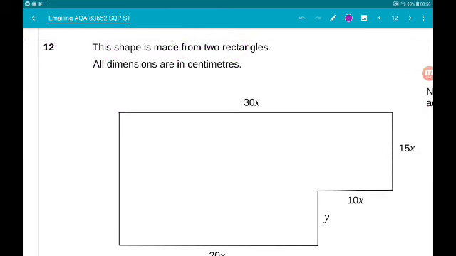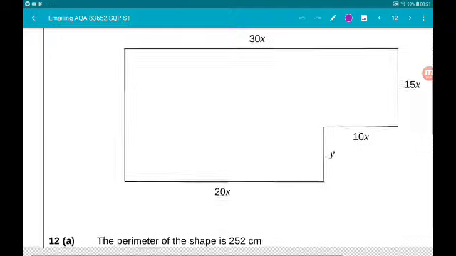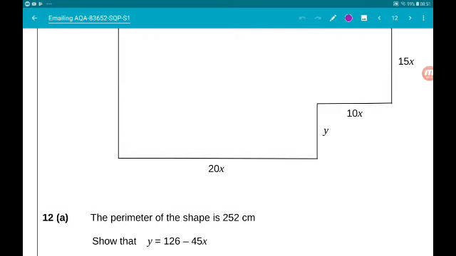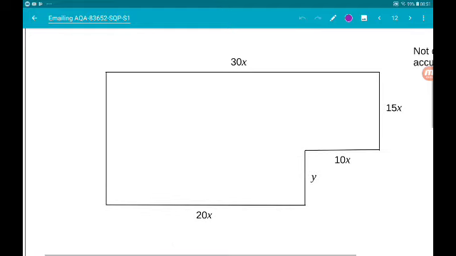Question 12. We have a ship made from two rectangles. All dimensions are in centimetres. We are told the perimeter of the shape is 252 centimetres. We want to show that y is 126 minus 45x. So what we need to do is get an algebraic expression for the perimeter.